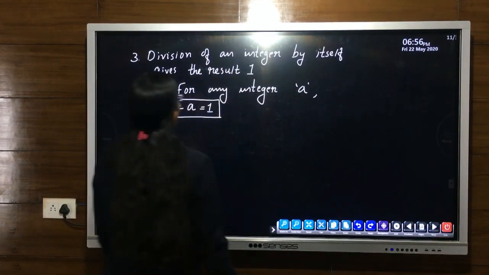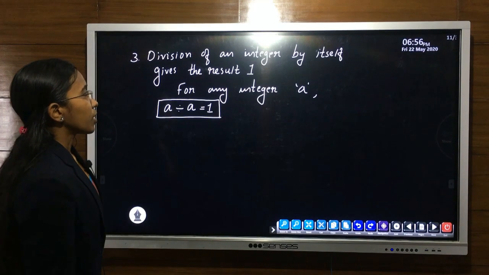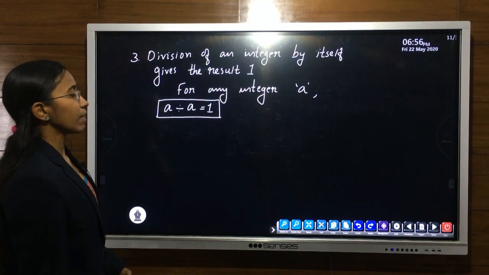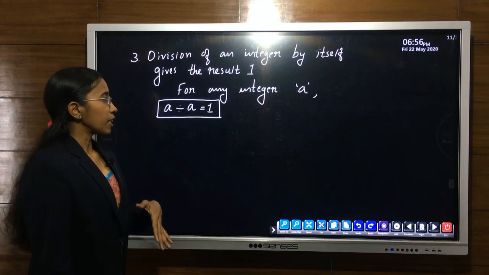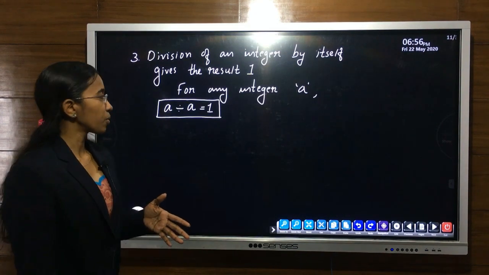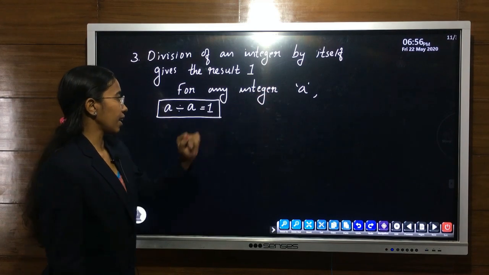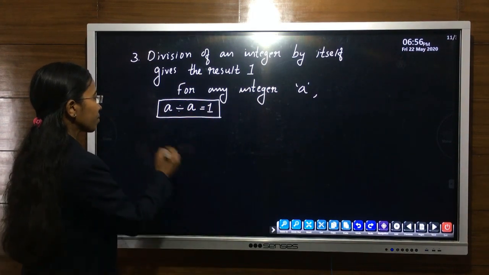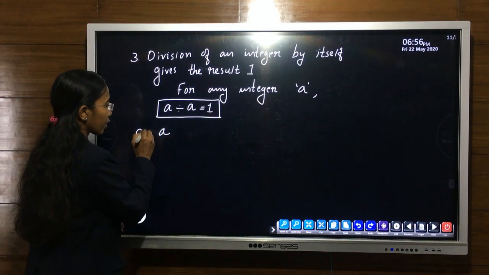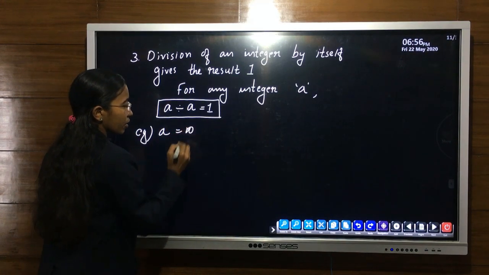And the third property: division of an integer by itself gives the result 1. Division of an integer by itself means both numbers are the same. That is, for any integer a, a divided by a is 1. Suppose I take, for example, a equal to 10.